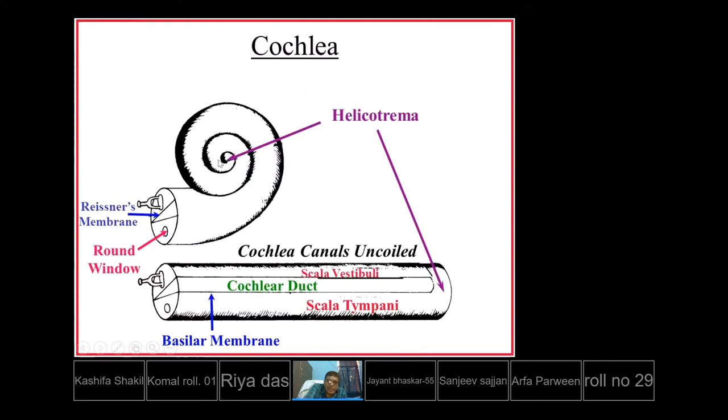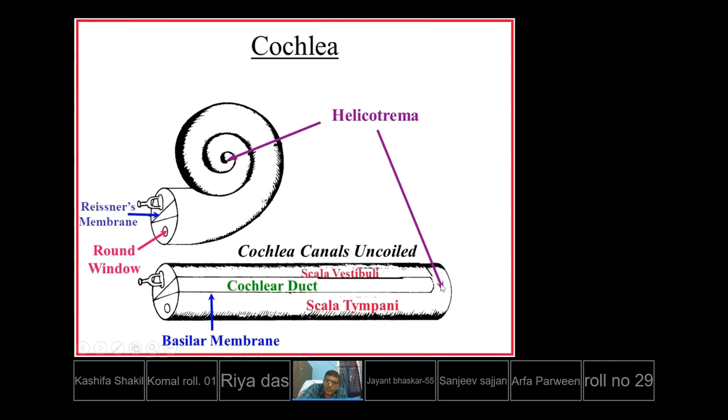Now see in these pictures again the same thing, simplified here. You can see very clearly the scala vestibuli in the upper part and scala tympani below, the simplest figure. Now you can see the scala vestibuli and scala tympani both meeting here at the apex.